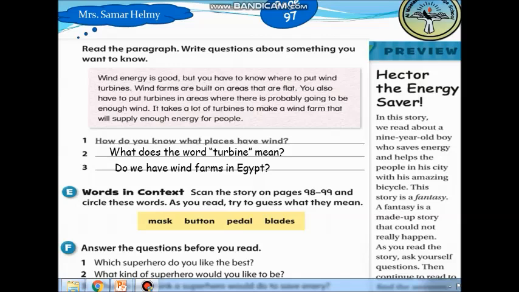Okay, now let's move to F, and we are on page 97, by the way. Number 1, which superhero do you like the best? We have a lot of superheroes. We have Superman, Batman, and a lot of superheroes.